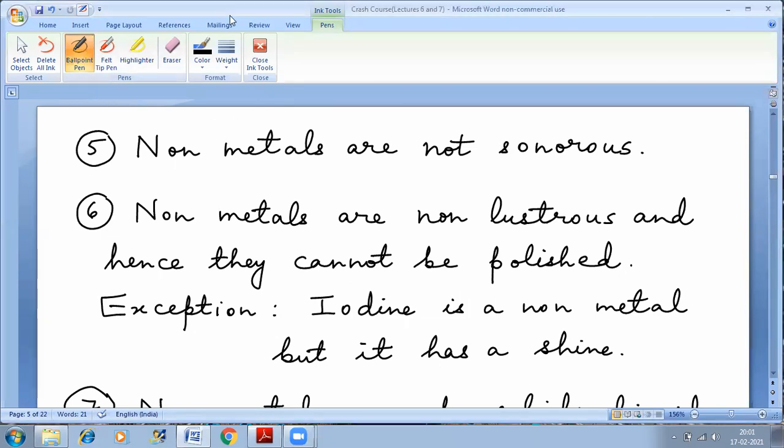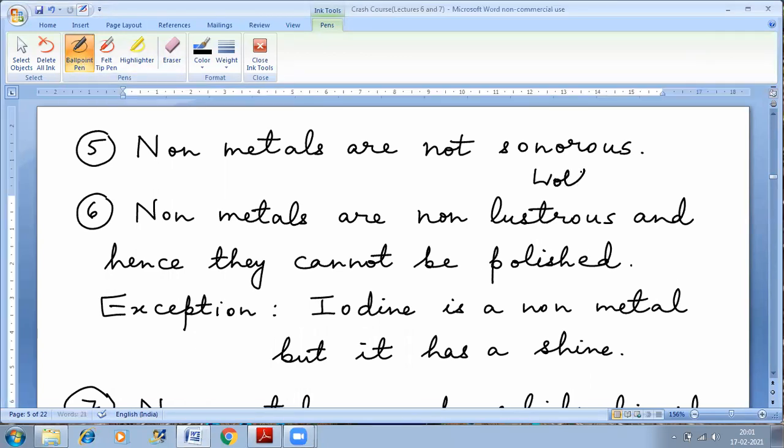Okay, now one thing somebody has asked about tungsten. Tungsten is the name that we use, that is fine. But the Latin name of tungsten is wolfram. Hence, the symbol is W. Just like sodium, you don't write S, right? For sodium, you write Na. This Na comes from the Latin name of sodium. Potassium. So K is the symbol for potassium. So K comes from the Latin name of potassium.